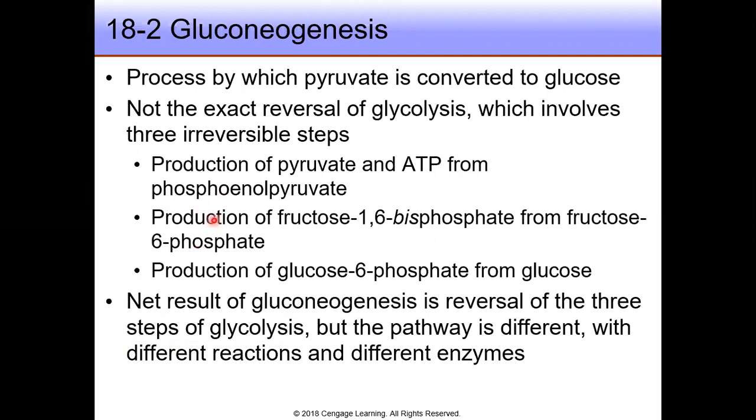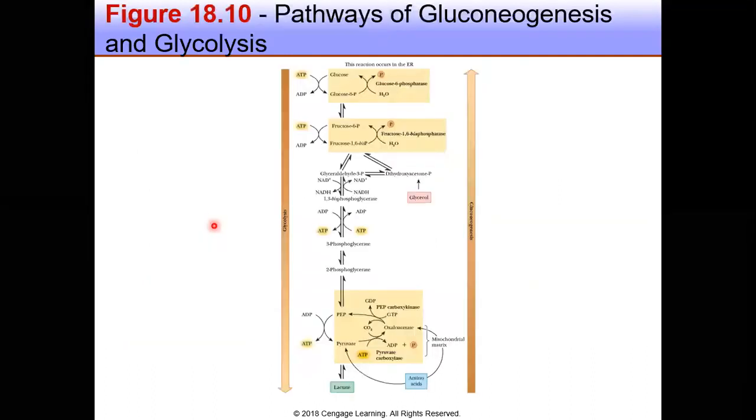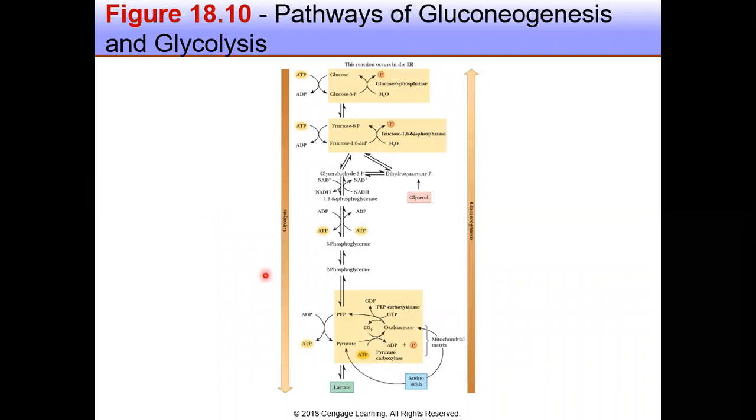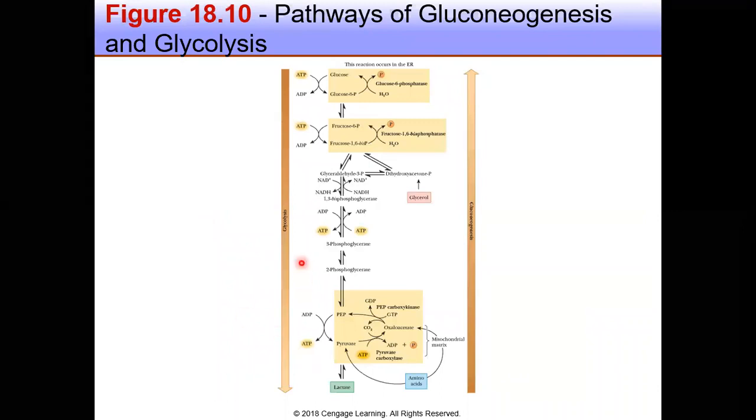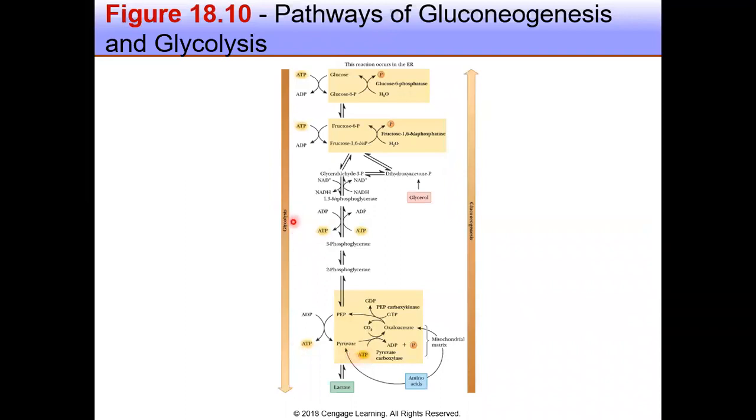So if we look here at this figure, on the left, from glucose all the way to pyruvate, this is glycolysis, which we talked about in chapter 17. Now, if we look from bottom to top, we have gluconeogenesis.